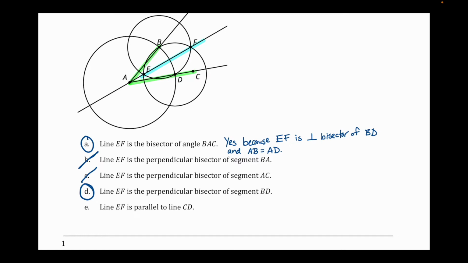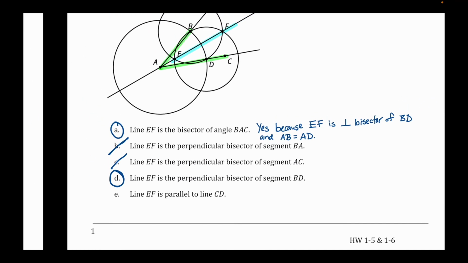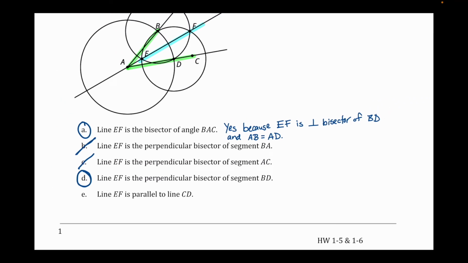Okay, we're going to use the definition of a point on the perpendicular bisector being the same distance away. So you can see that DE is what would be considered a radius, and so is BE of their respective circles, and BD here would be that segment. So just slipped my mind for a second there on how we actually define things being perpendicular bisectors. So we're going to say yes, because.